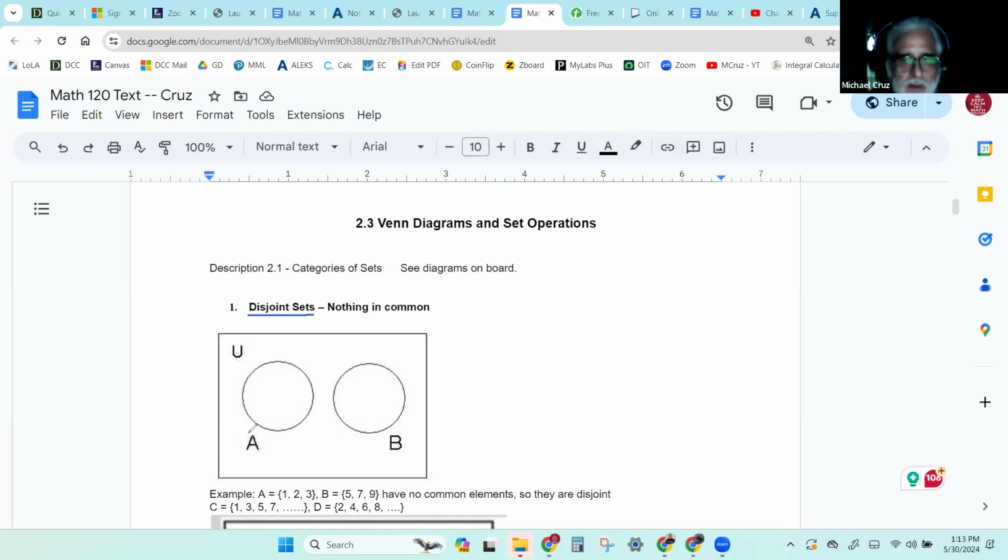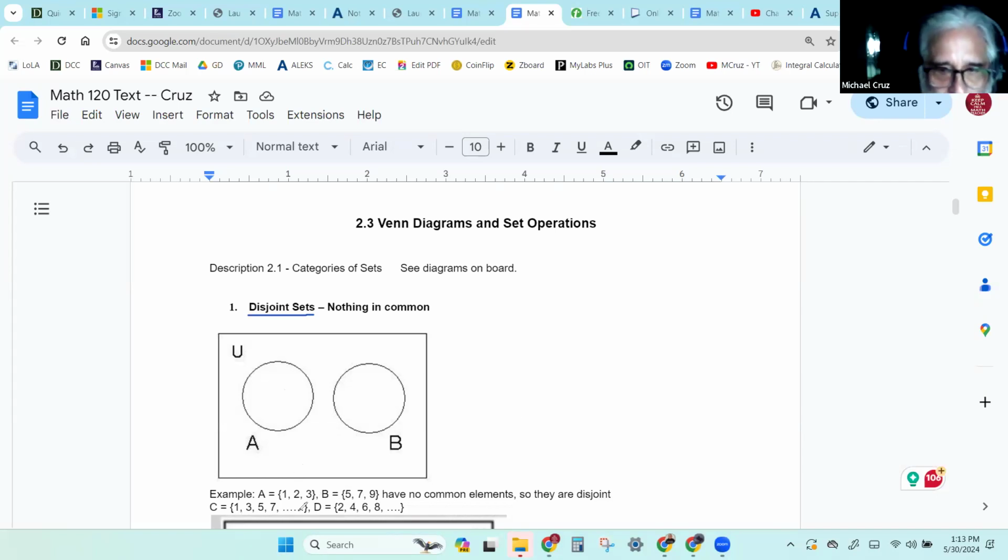So set A does not overlap with set B. Therefore, these sets are disjoint. They have nothing in common. So here's an example. If set A is 1, 2, 3, and set B is 5, 7, 9, there's nothing in common in there. So they're what we call disjoint.